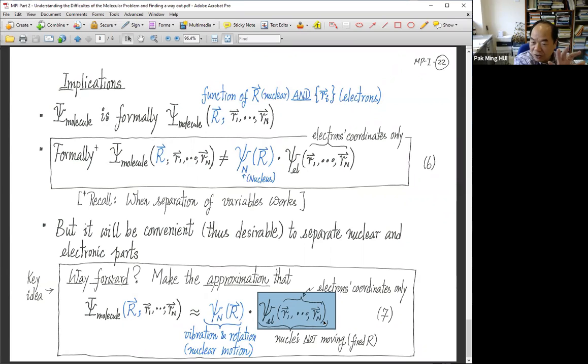We will do that first, and then the nuclear vibration and rotational part. All right? So, any question up to here? Any questions?